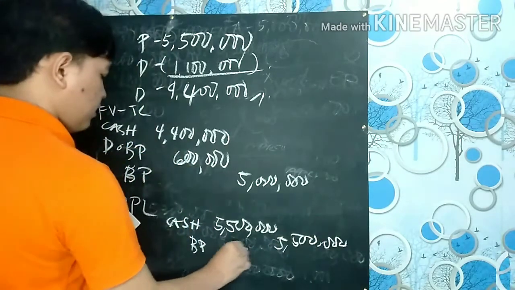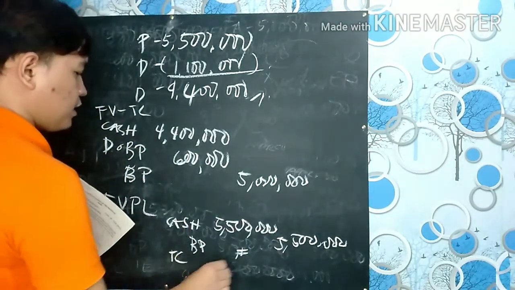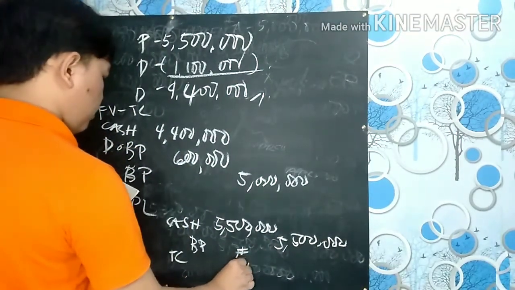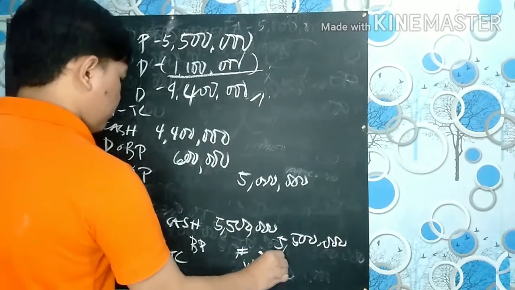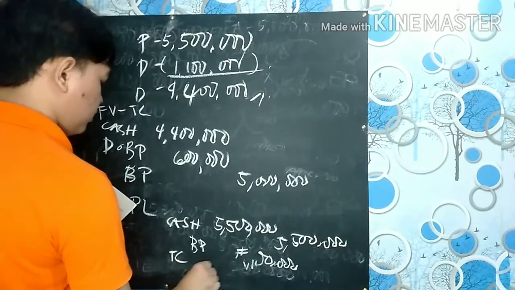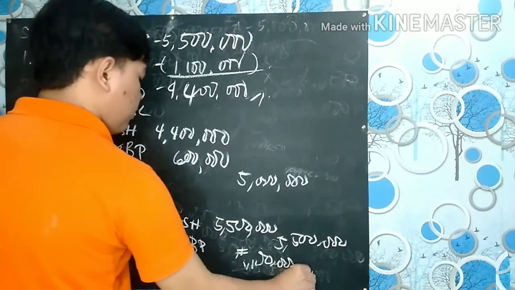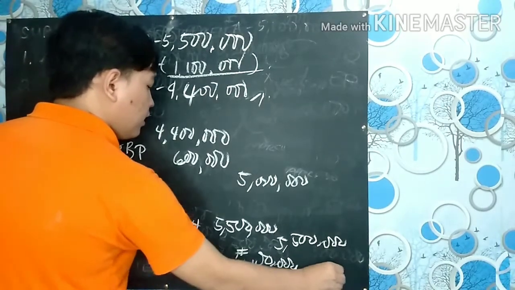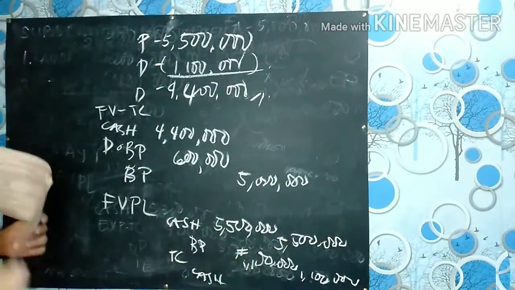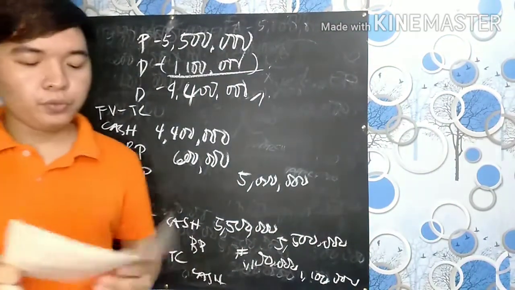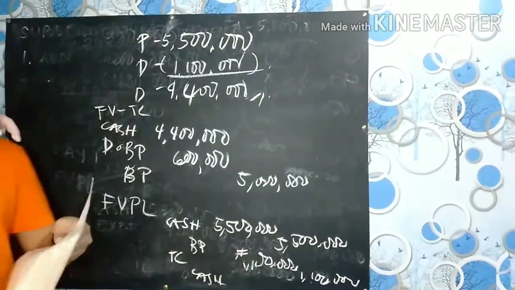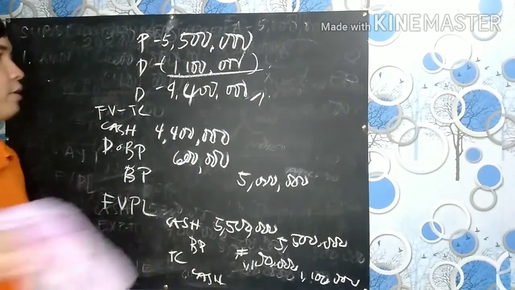Then, transaction cost recognized as expense outright na 1,100,000, then credit cash 1,100,000. So that's it for number 2. Okay? Burahin na po natin.